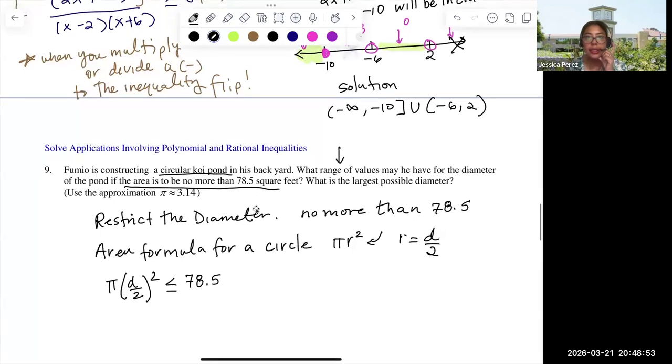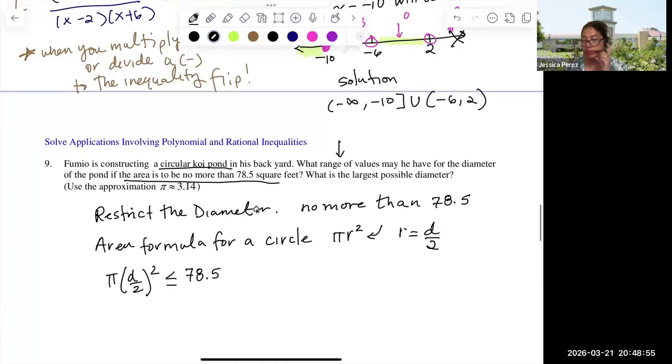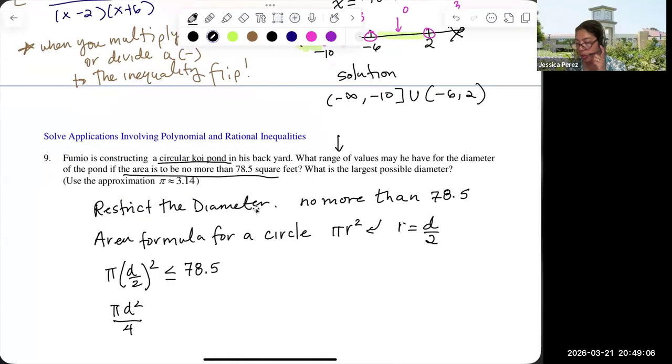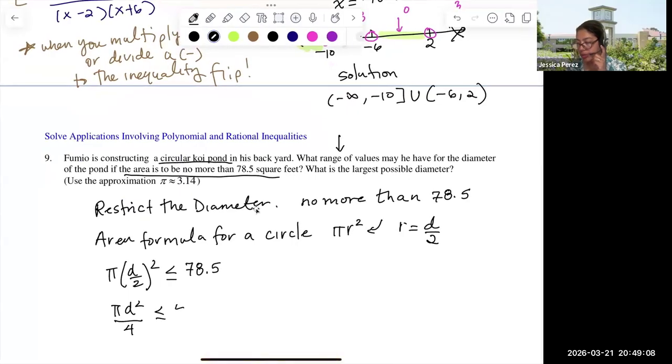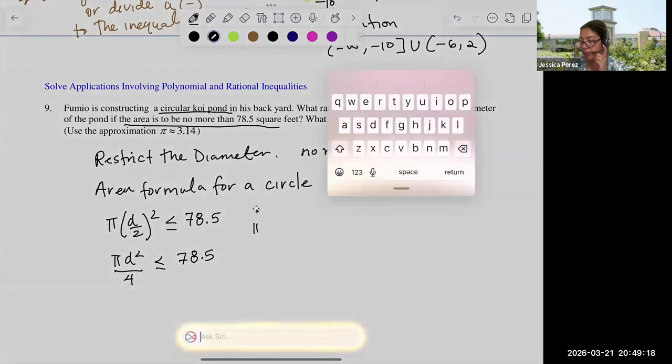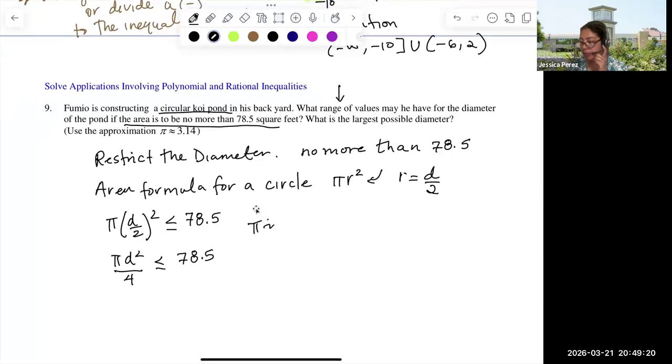Now, the next thing is, if we clean this up, we're going to get pi d squared over 4, because (d over 2) squared is d squared over 4, less than or equal to 78.5. And then we're going to get an inequality. Now, pi is approximately 3.14.